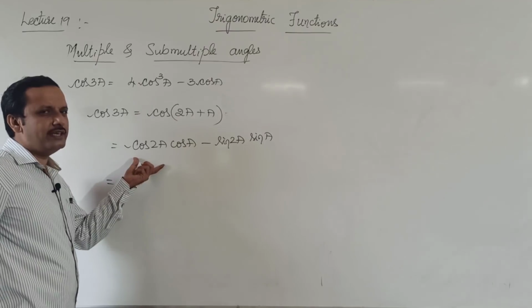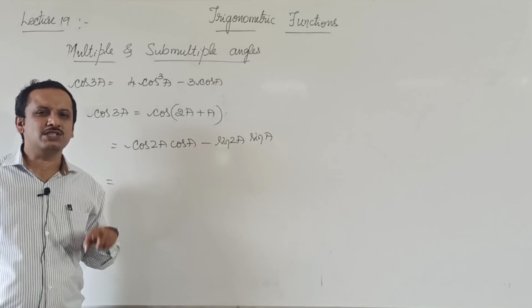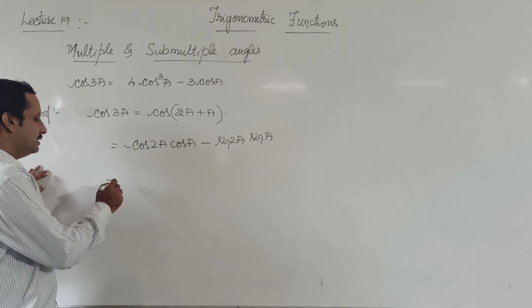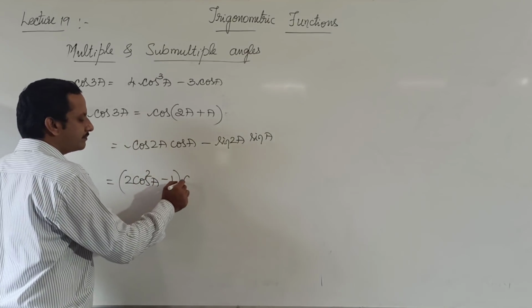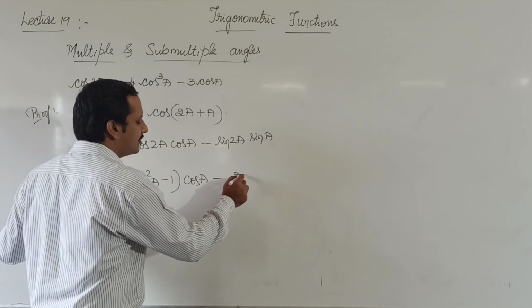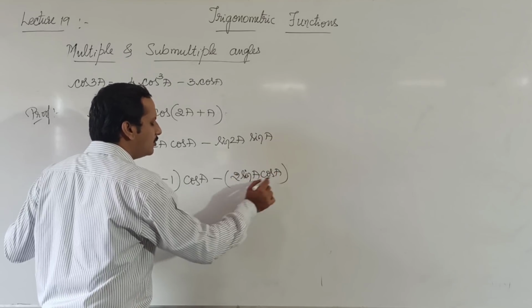Now cos 2a. In the previous case, I wrote cos 2a as 1 minus 2 sin square a, whereas now I will write cos 2a as 2 cos square a minus 1, into cos a, minus sin 2a, which is nothing but 2 sin a cos a, into sin a.